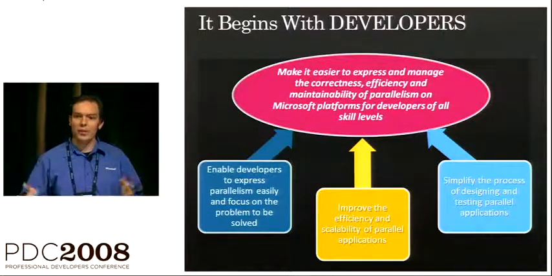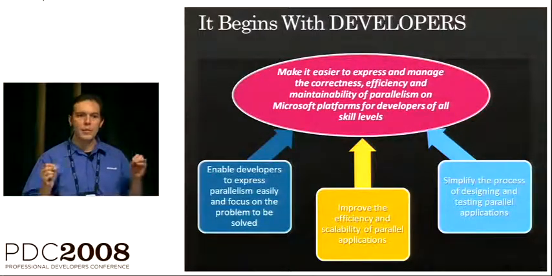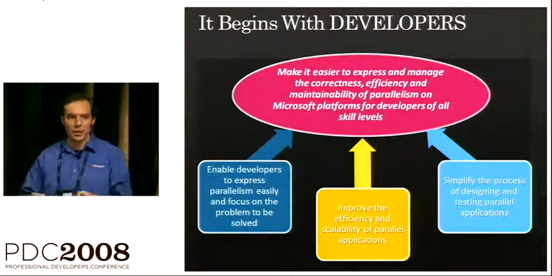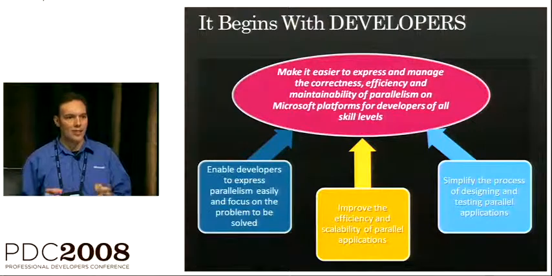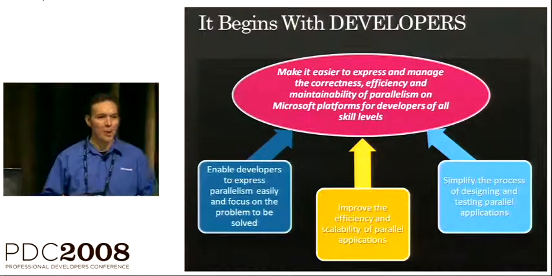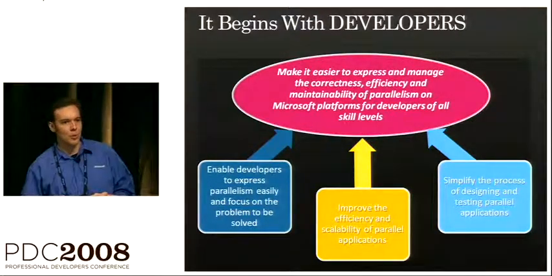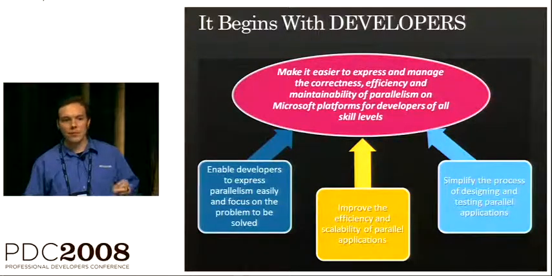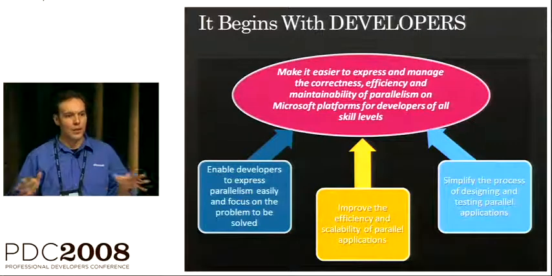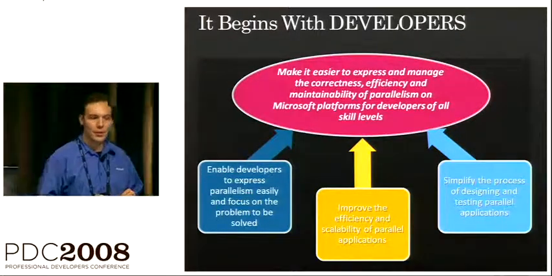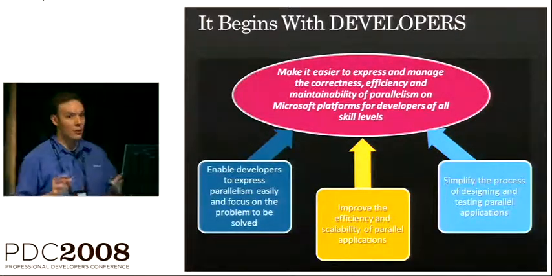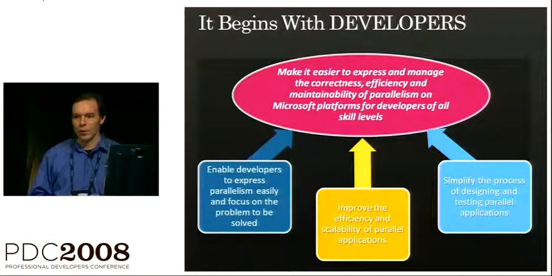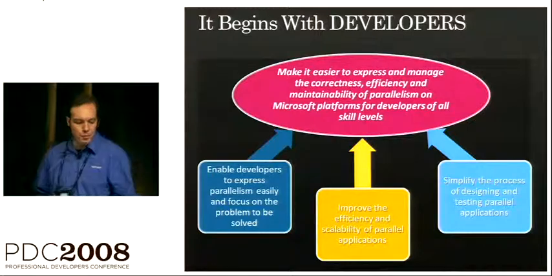And finally, in addition to managing that concurrency and expressing those problems, we have to deal with the correctness issues: deadlocks, live locks, races, all those things that come up once we start building serious multi-threaded code. Once that happens, we can start enabling all developers to be very productive at developing parallel code. And it doesn't matter whether you're in C++ or C# or VB. This is about all developers.